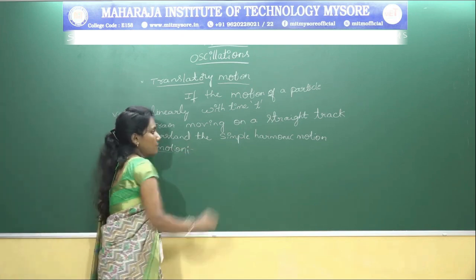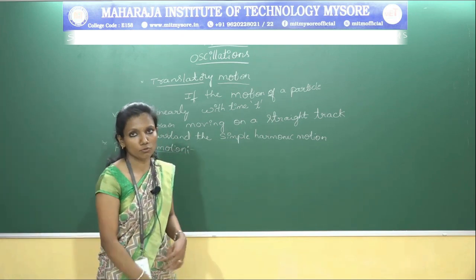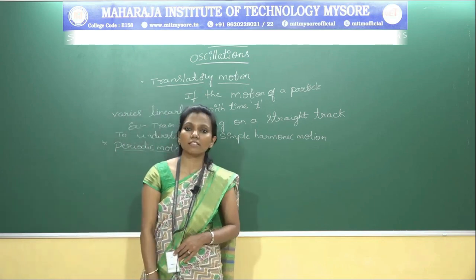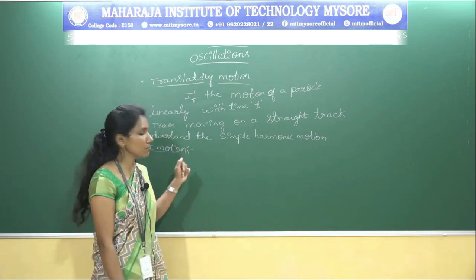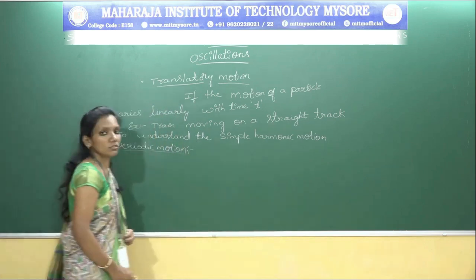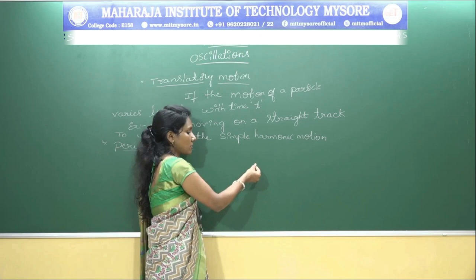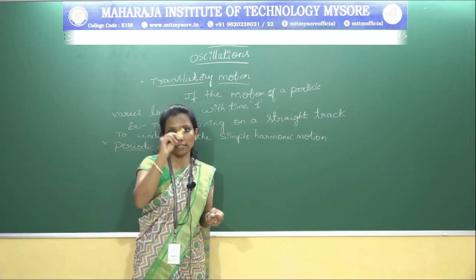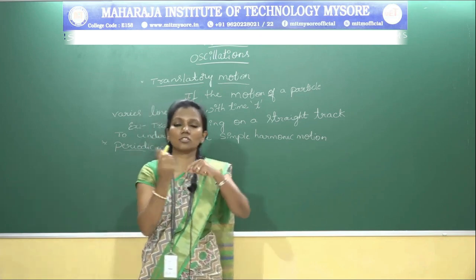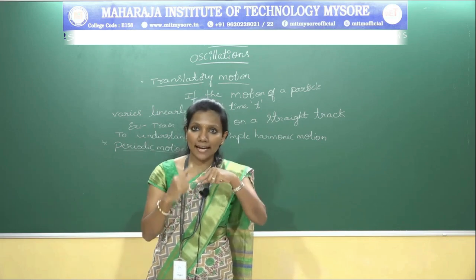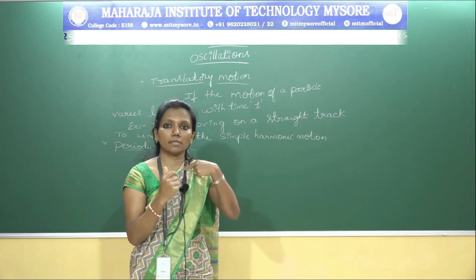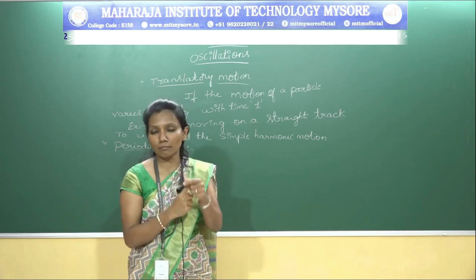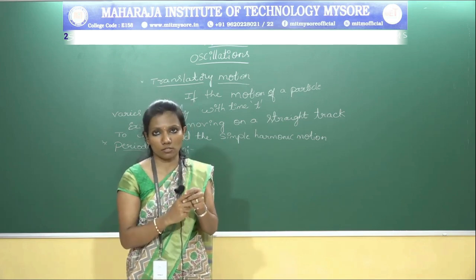So what it says is that a periodic motion is a motion which repeats itself after a regular interval of time. We observe this in a clock. When the hour hand and minute hand are rotating, after 60 minutes the hour hand will come back to its same position.